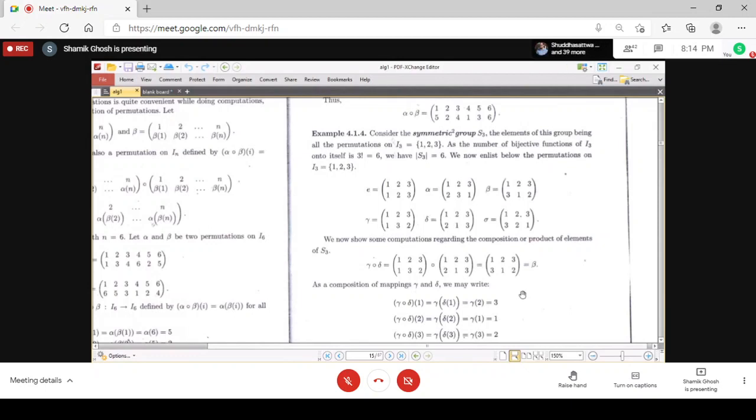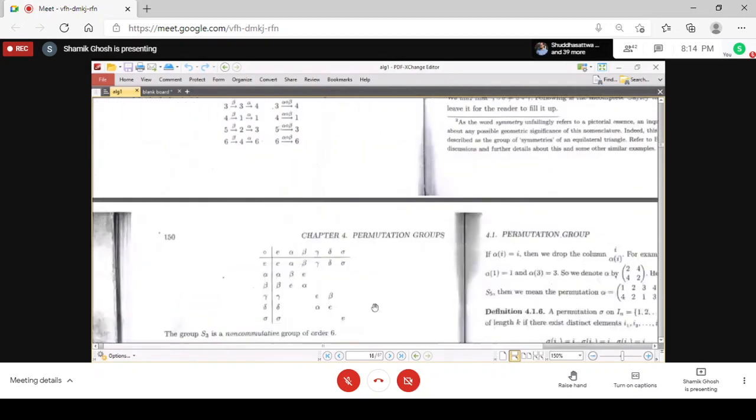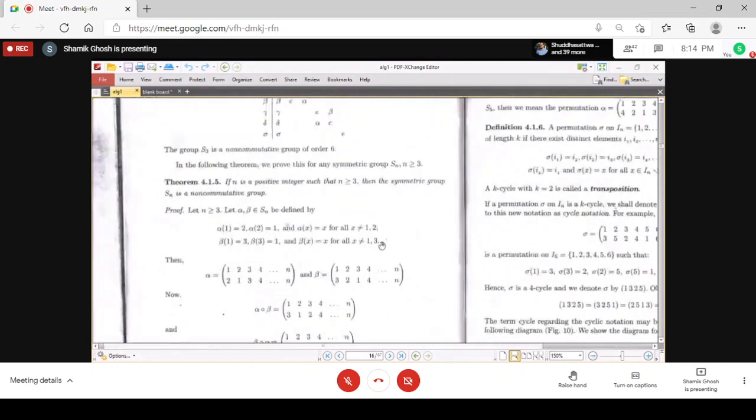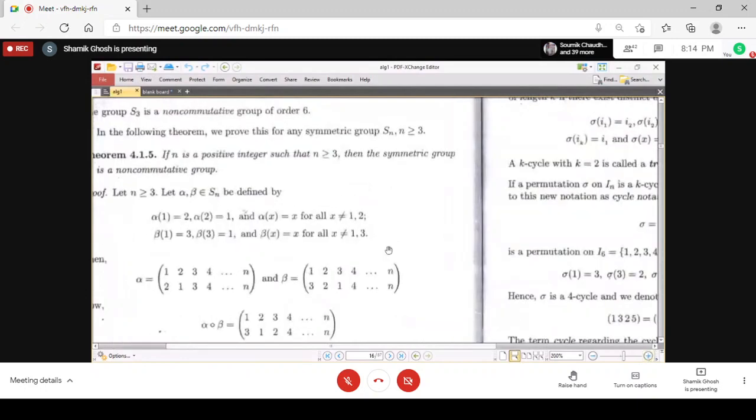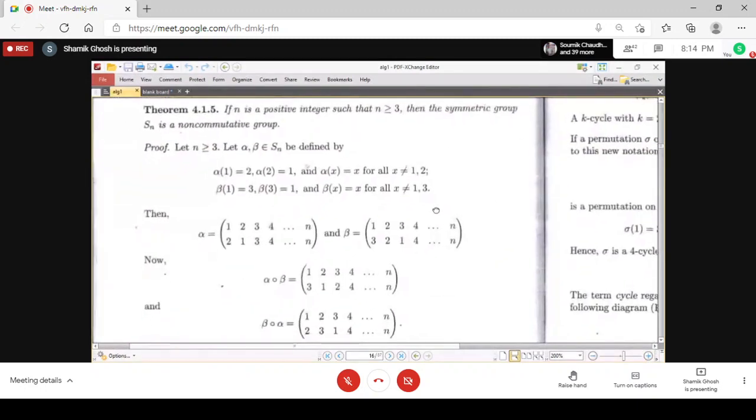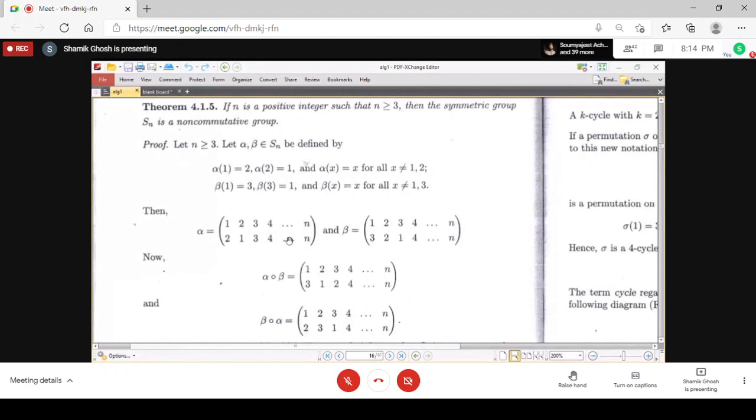In general it is proved here that if you consider this alpha and this beta, then after composing, alpha beta and beta alpha are always different.